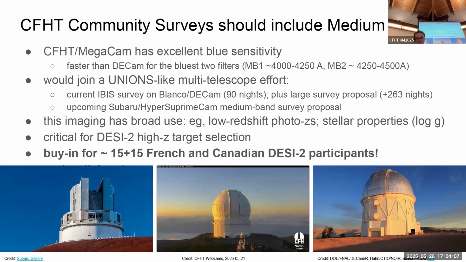Because of this, imaging would be critical for DESI-2 high redshift target selection. That would be highly valued by the DESI collaboration, and as a result could be used to buy in of order 15 plus 15 French and Canadian DESI-2 participants. Those numbers are of course just matters of negotiation and so on, but that's the ballpark just to give you a sense.